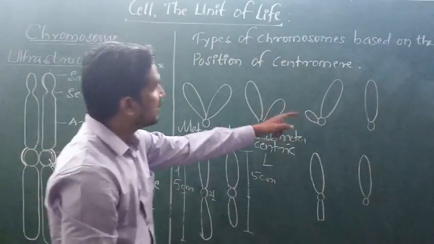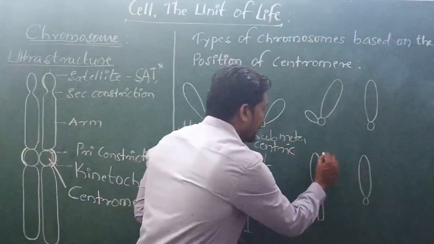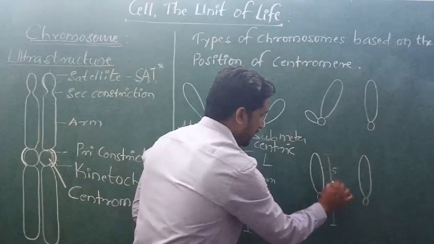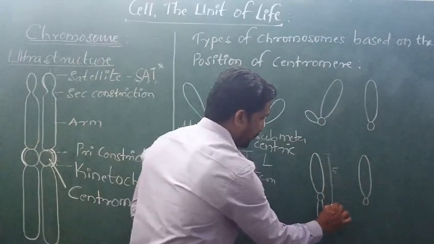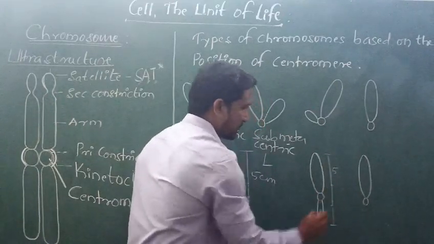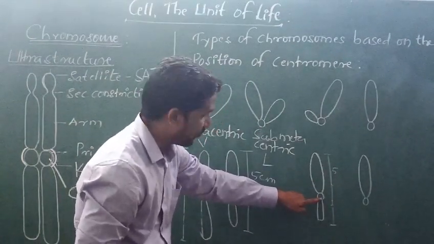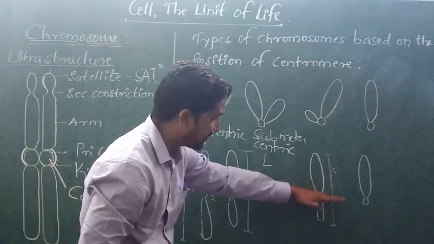Then this is the length. Consider this is 5 centimeters, and here the centromere is away from exactly half, far away from the center. The centromere is far away from the center.